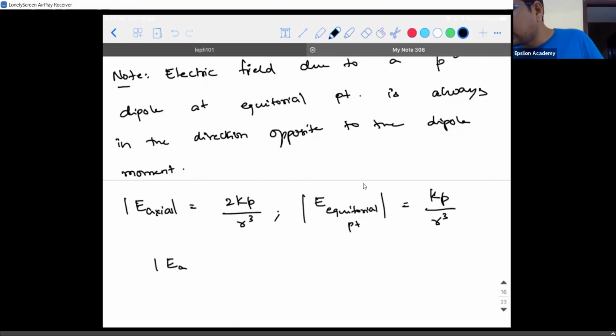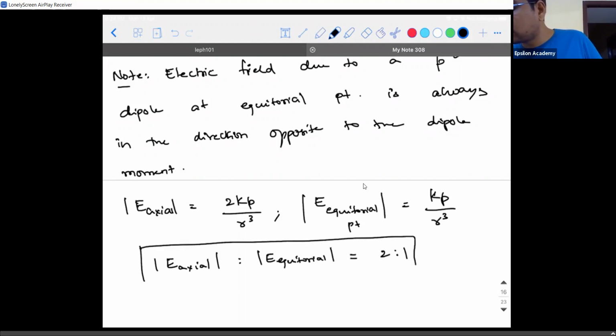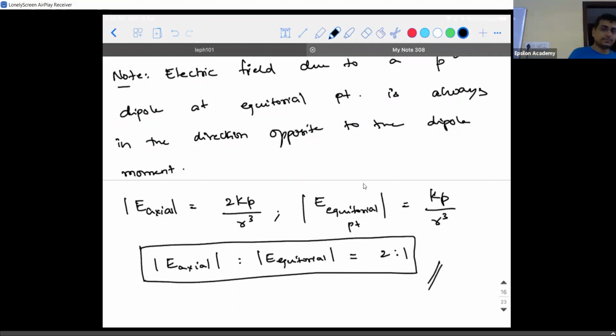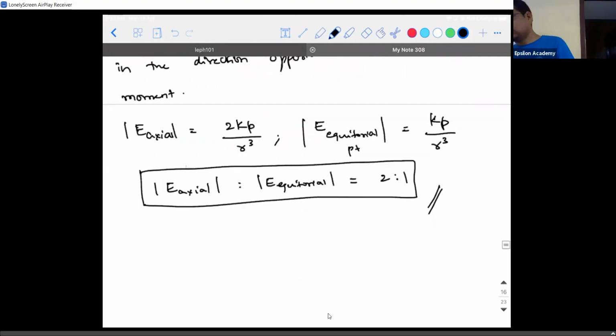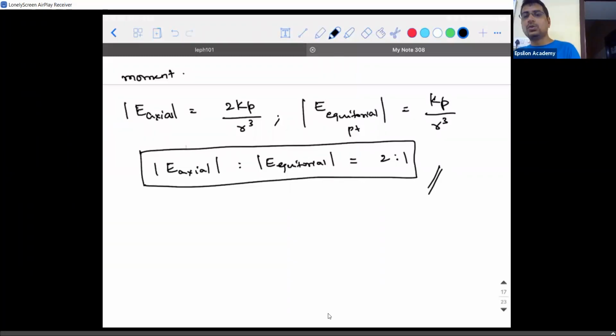So the magnitude of electric field along axial to the magnitude along equatorial is 2:1.